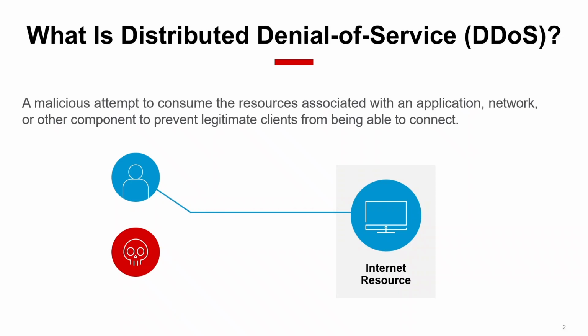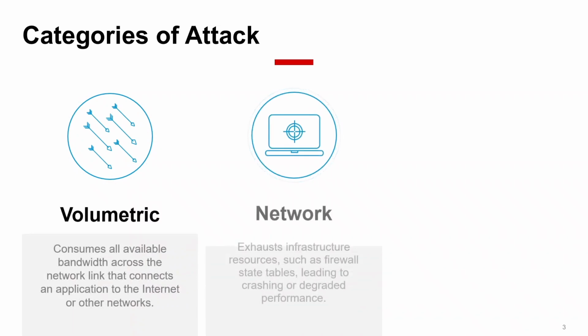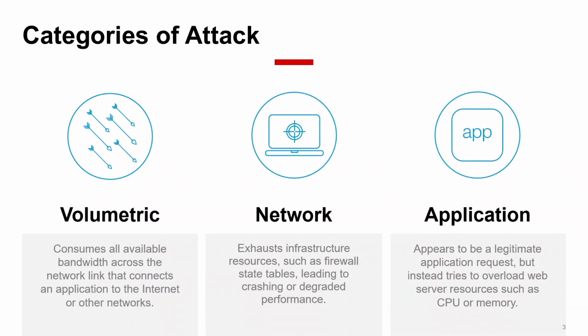So DDoS basically has three categories. The first category is volumetric DDoS attacks, the second category is network DDoS attacks, and the third category is application DDoS attacks.